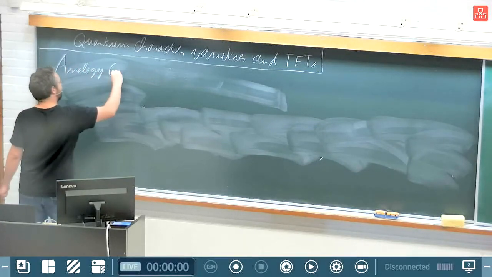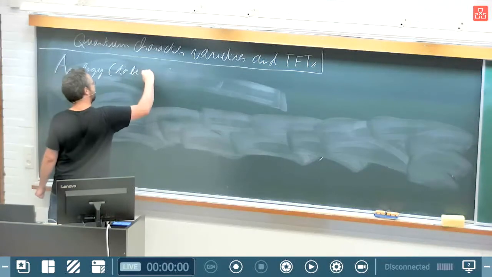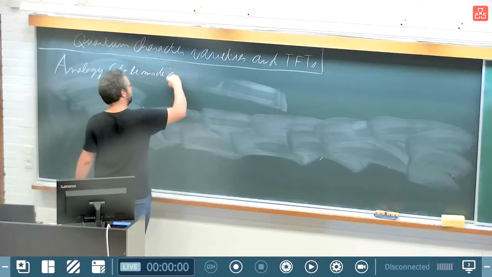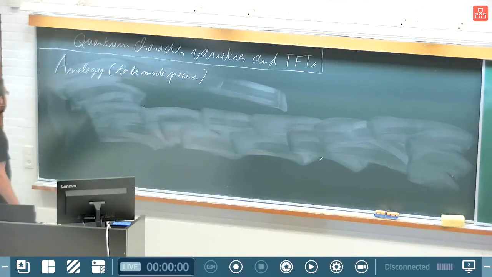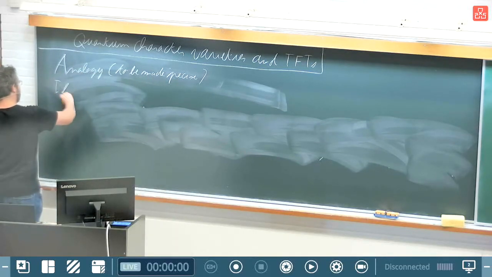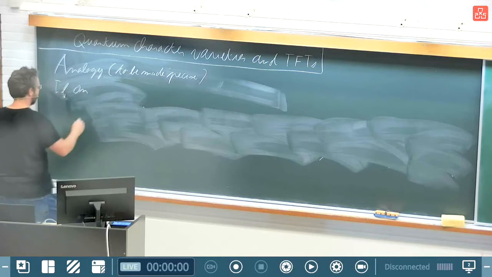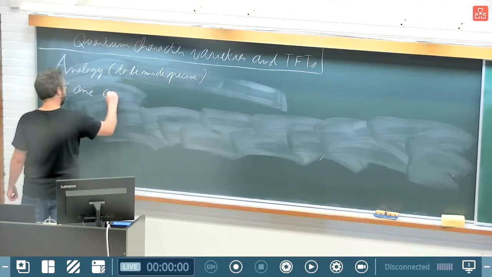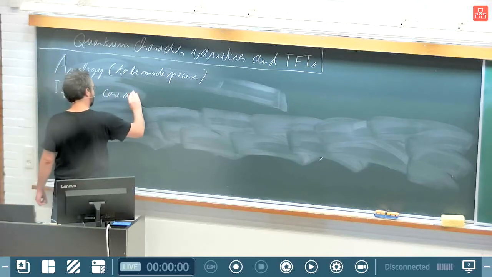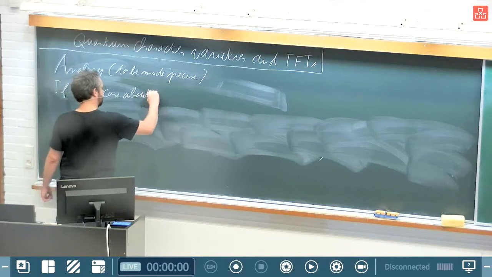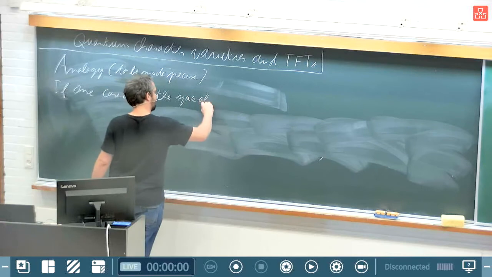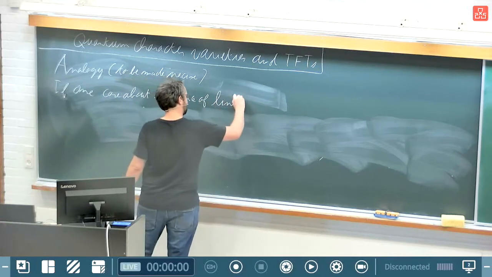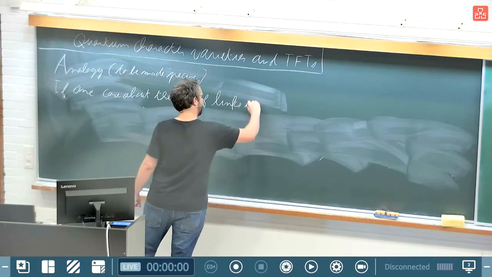So, an analogy to be more precise: if you're a topologist, maybe you care about the space of knots or links, say in R3.